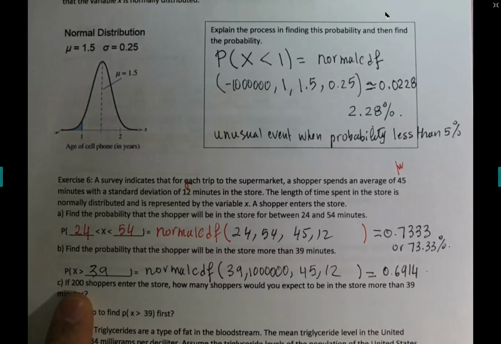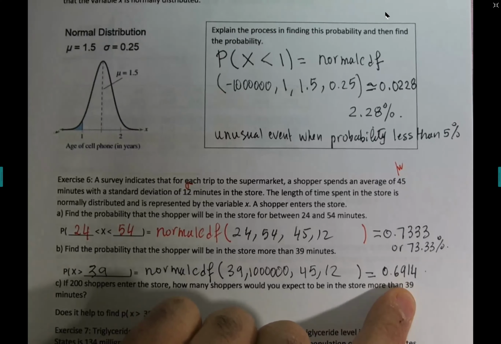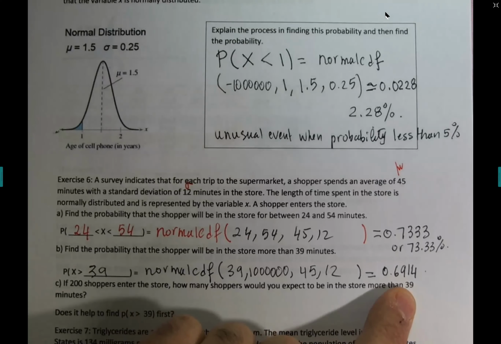We have 200 shoppers who enter the store. We want to know how many of those shoppers are going to spend more than 39 minutes at the store. That's something that you would be interested in knowing, so you can plan how many cashiers, how many workers you're going to put on the floor, guys.